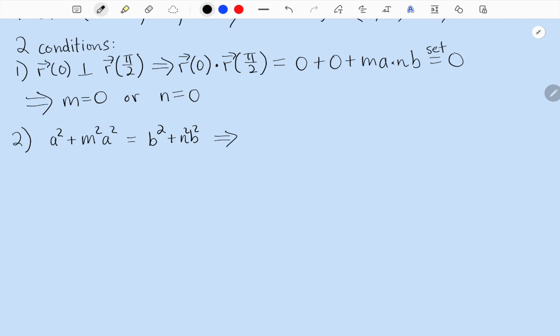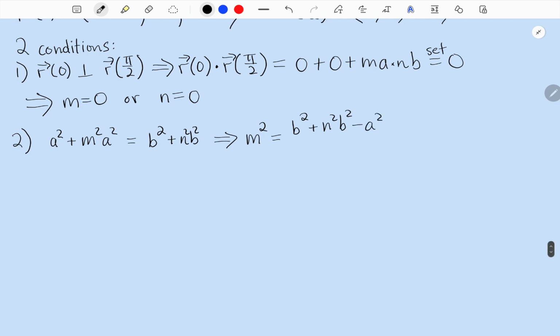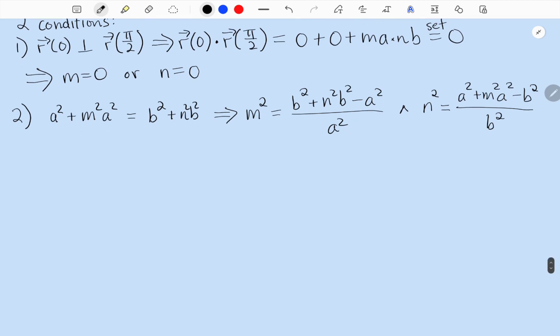If I want to isolate m squared, it is equal to b squared plus n squared b squared minus a squared all over a squared, and n squared is just equal to a squared plus m squared a squared minus b squared all over b squared. Okay, so why did I do that?